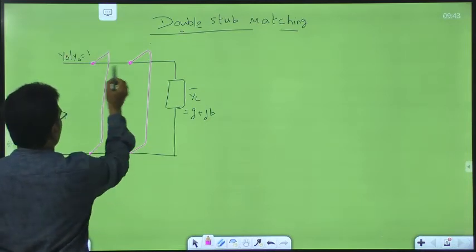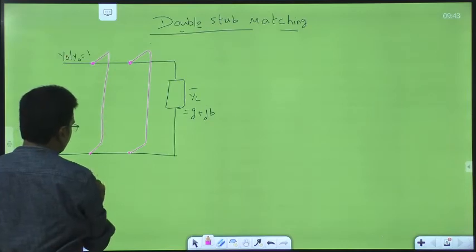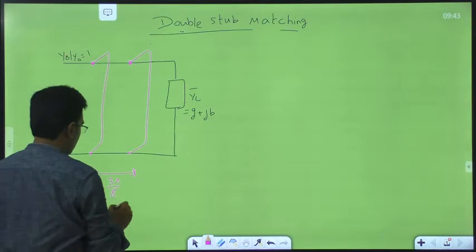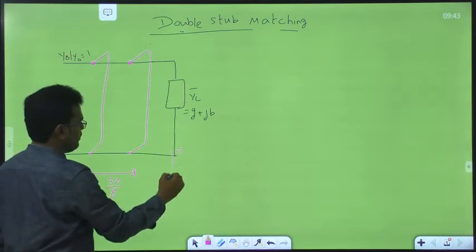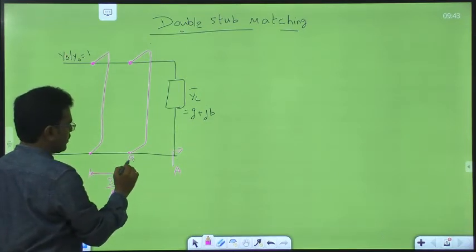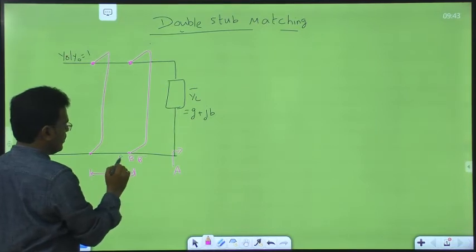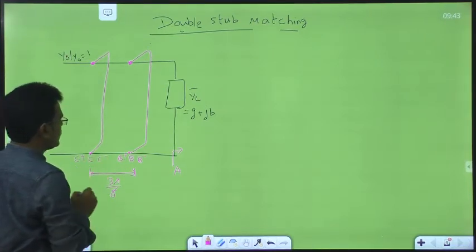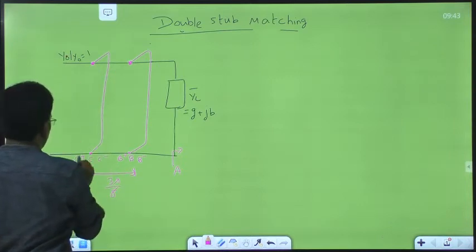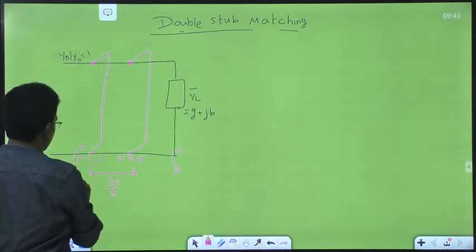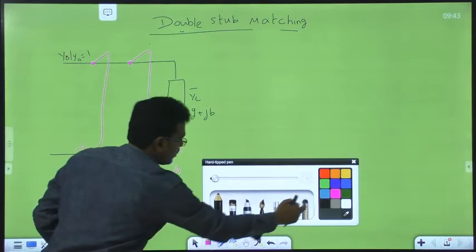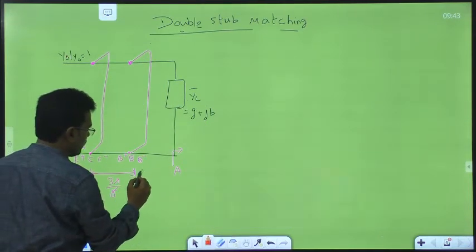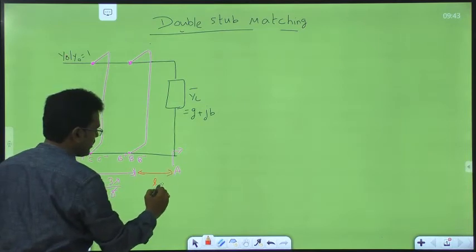Always the separation between two stubs is 3 lambda by 8. And this is point A, this is B, B minus, B plus, C, C minus, and C plus. This is 1. So definitely at the C plus point it should be 1.